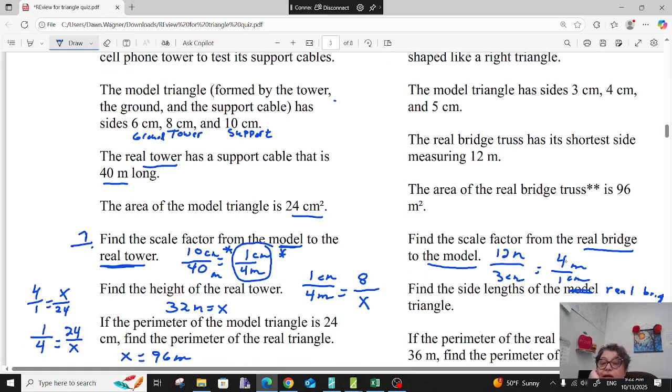So you are correct, or you could set it up as 4 m over 1 centimeter has to equal x over 4 centimeters, which you just multiply anyway. So this would be 16 meters and then 20 meters. You could set it up like this, or you can multiply each one by 4, because like was noticed, 3 times 4 was 12.